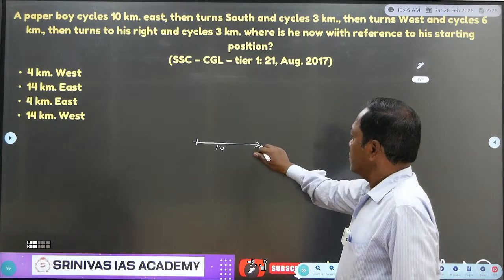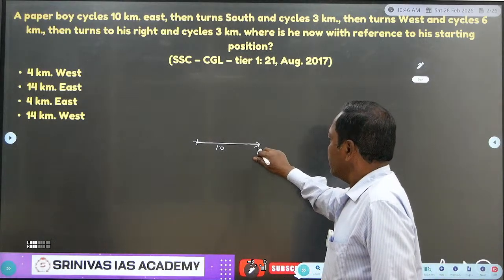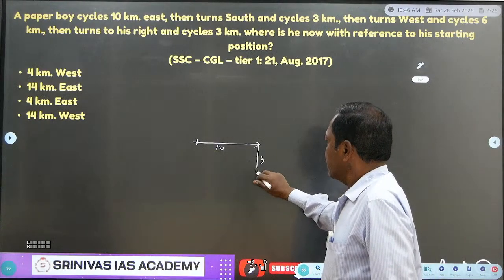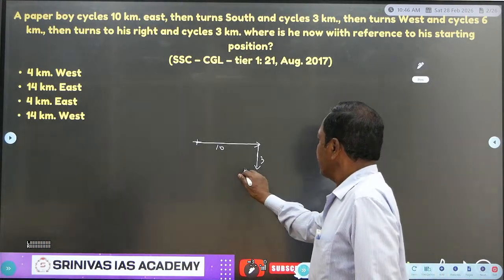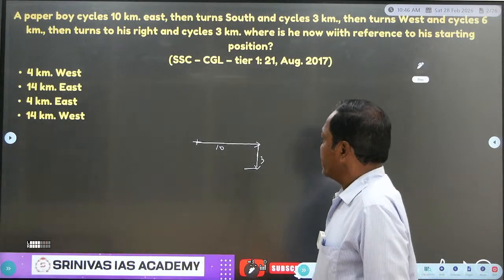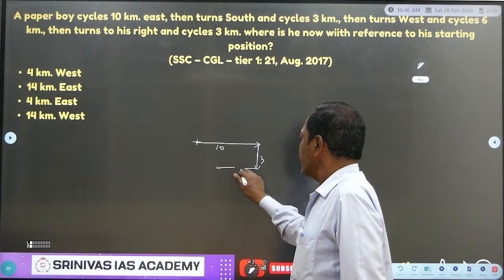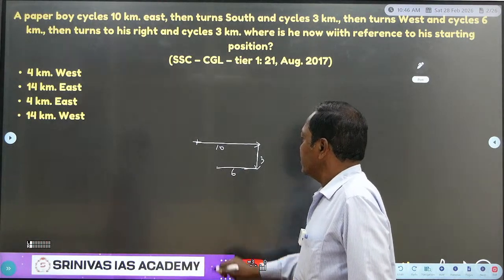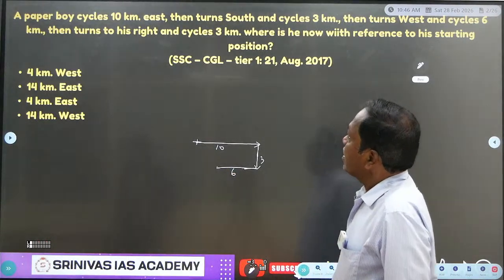Then turns south, downwards, and cycles 3 kilometers. See the size of the arrow mark. And turns west, to the left, and cycles 6 kilometers. This is 10 kilometers, and this is 6.